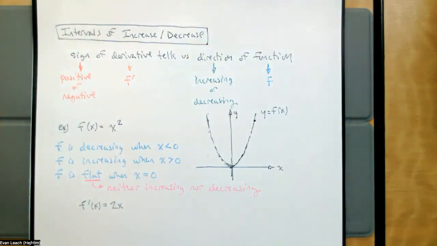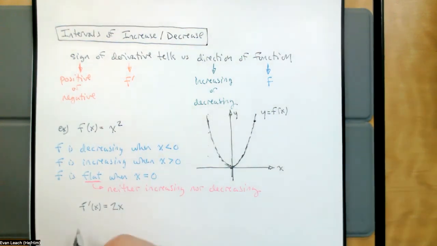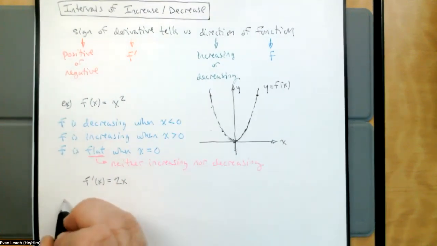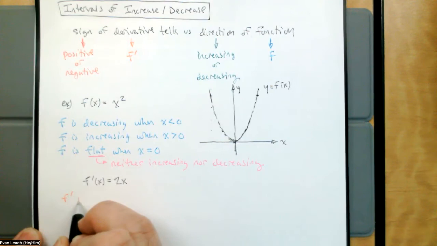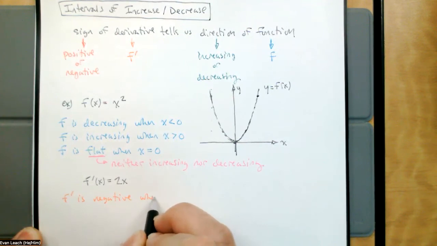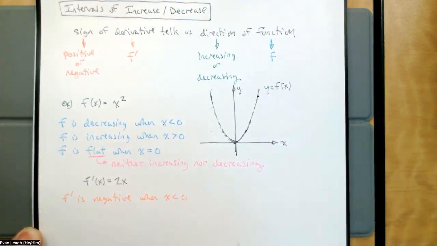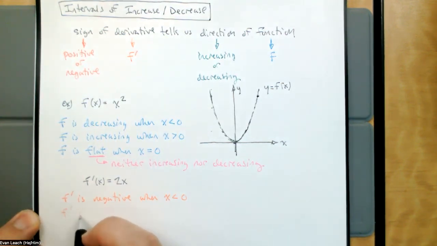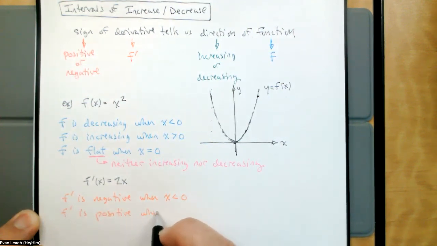So the derivative f prime is negative when x is negative, and f prime is positive when x is positive. And f prime of 0 is equal to 0.